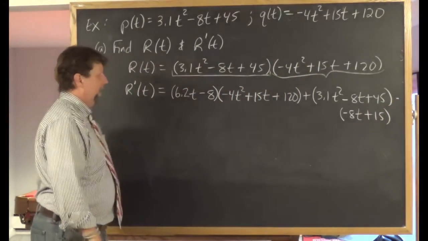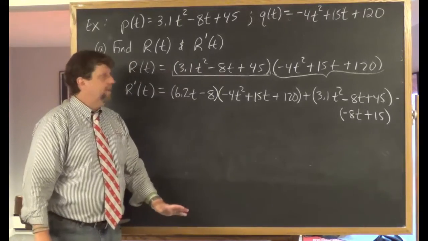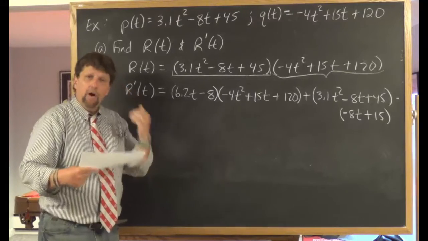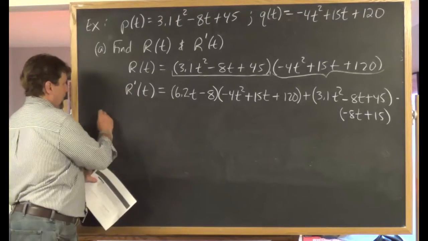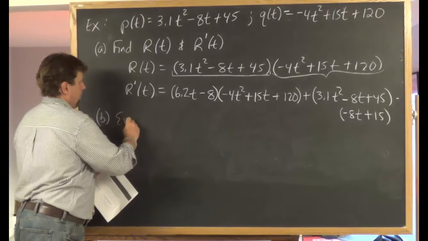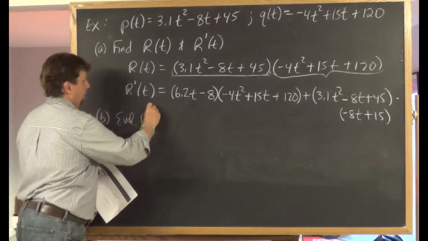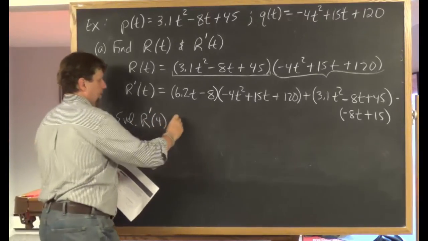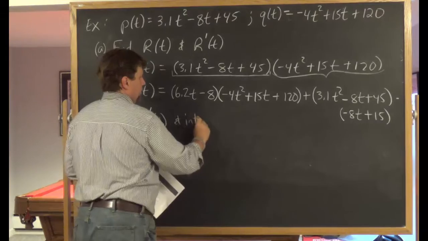Wow, now look at that. No way am I thinking of simplifying this. No way. Because when I look at part B, part B asks you to evaluate R prime of 4 and interpret.